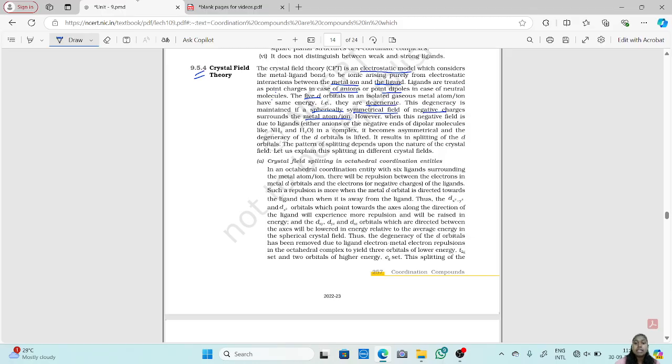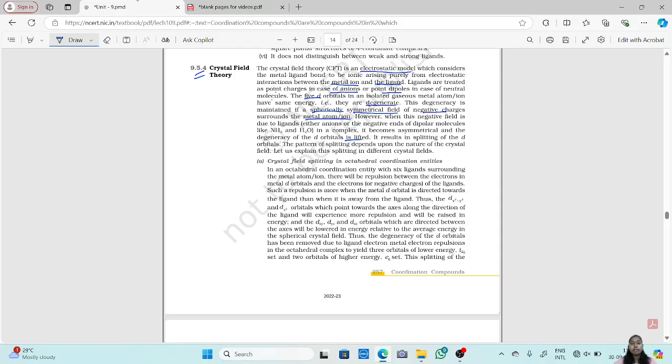However, when this negative field is due to ligands, either anions or the negative end of dipolar molecules like NH3 or H2O, which are neutral molecules, in a complex it becomes asymmetrical and the degeneracy of the d orbitals is lifted.